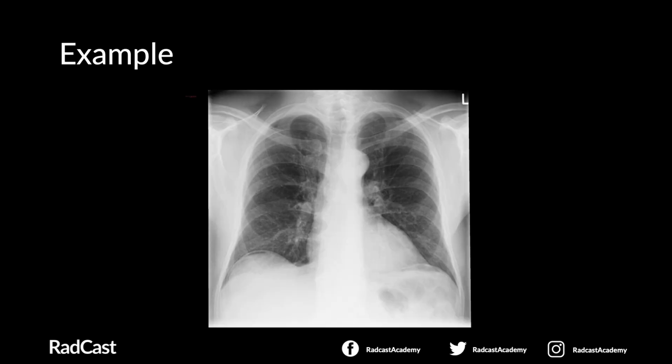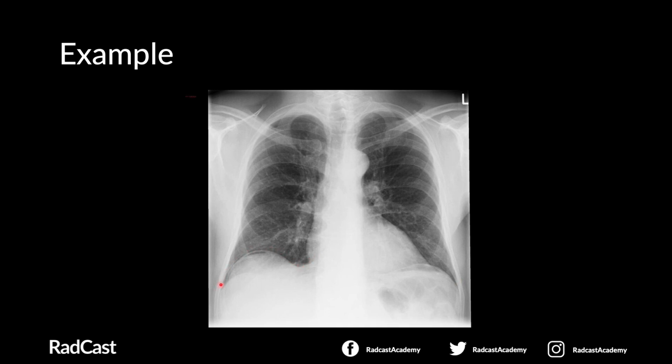Now, let us look at an example where this is abnormal. Here we can see both hemidiaphragms, with the right being higher than the left. We can see a very sharply defined edge of the diaphragm and a sharp costophrenic angle on the left.